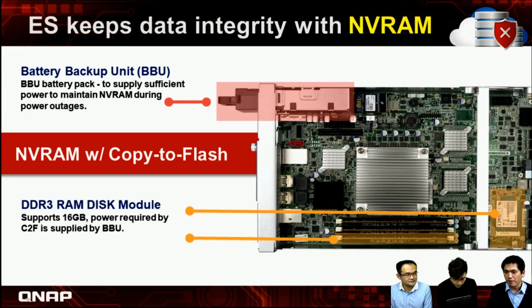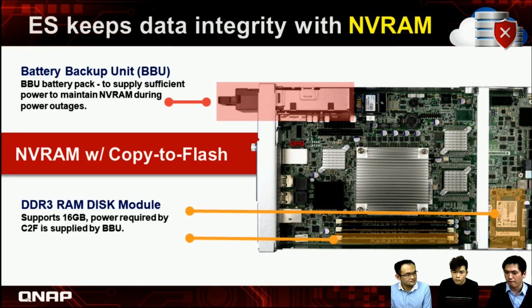So what is NVRAM? In reality, it's a combination of the battery backup unit, the BBU, which is the battery unit, and also the main memory, which means the RAM disk, and the flash here. With these three modules working together, we can work as the NVRAM. What is NVRAM?